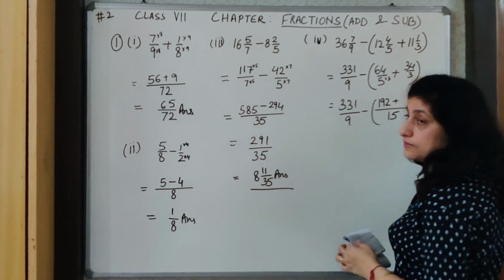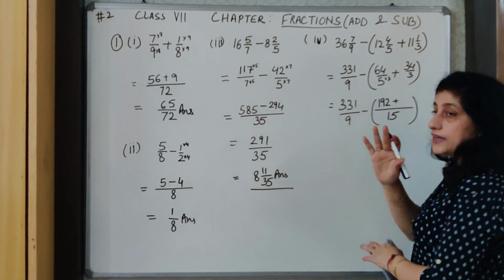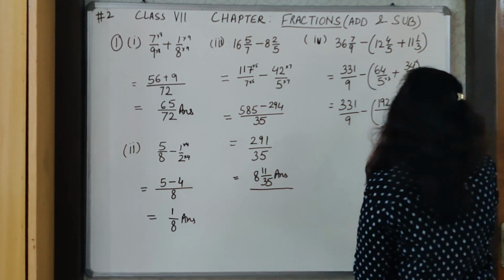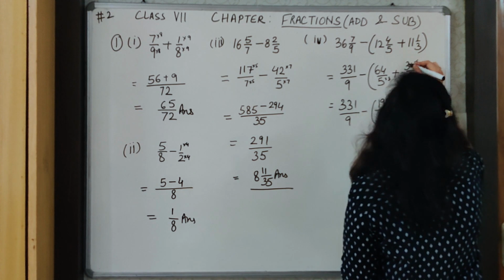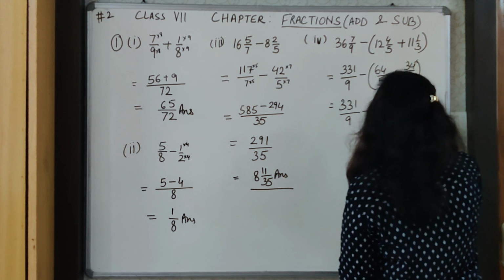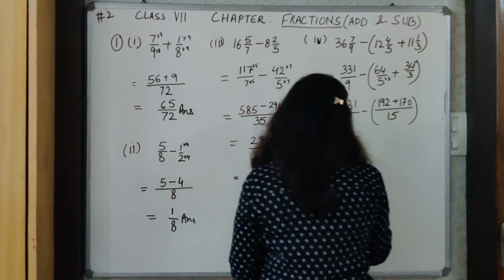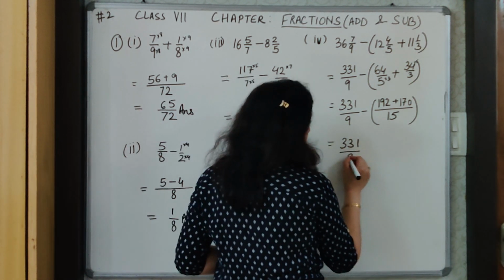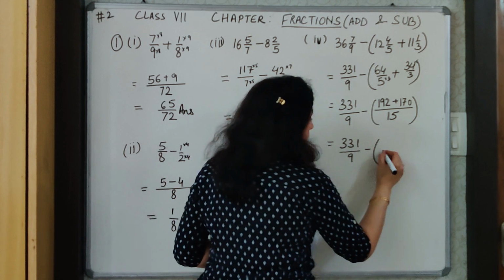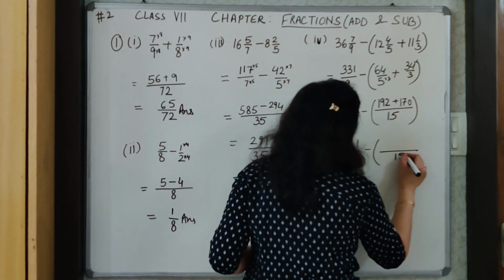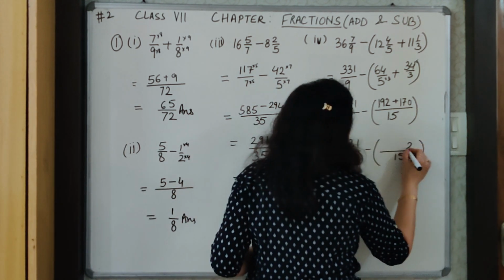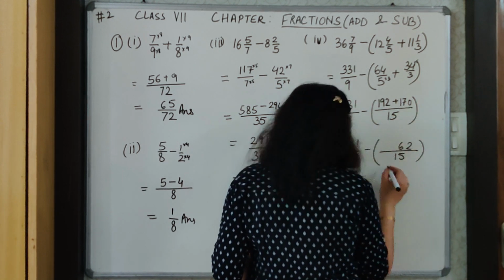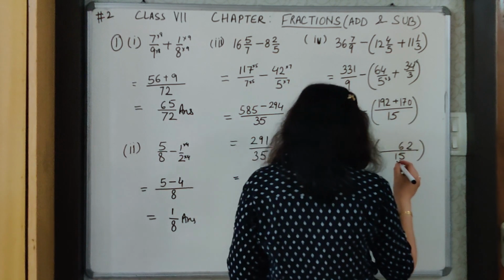If this is the other method, I divide 15 by 3, I get 5. So this has to be multiplied by 5. 5 4s are 20, 0 carry 2, 5 3s are 15, 17, 0. So now as we proceed, I get 331 upon 9 minus 15, and this has to be added. Gives me 2, 9 and 7, 16, 6 carry 1, 362.